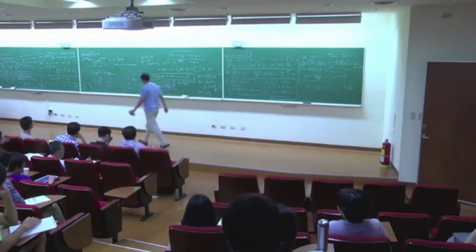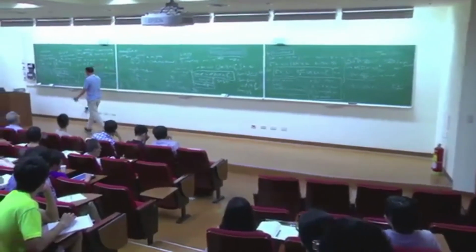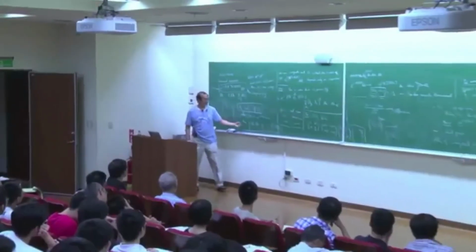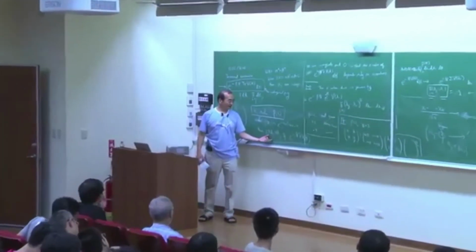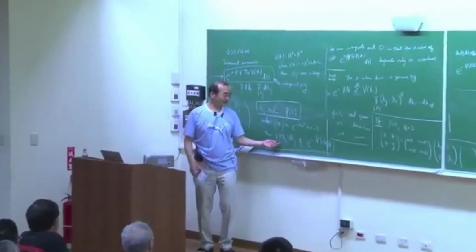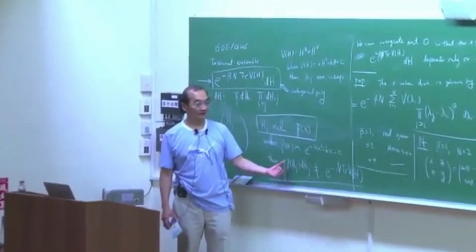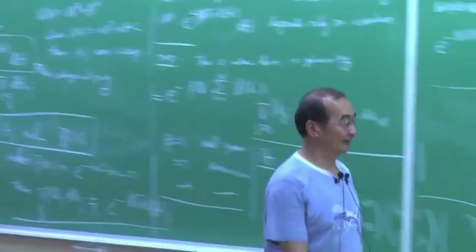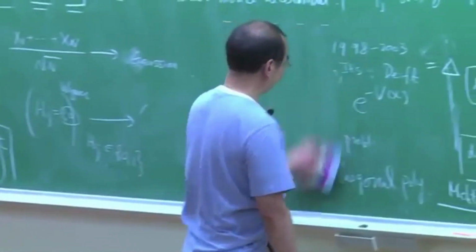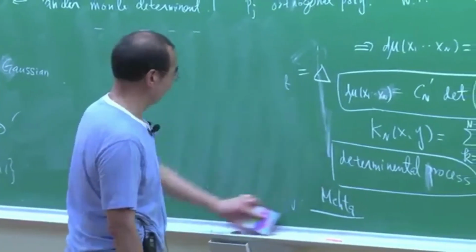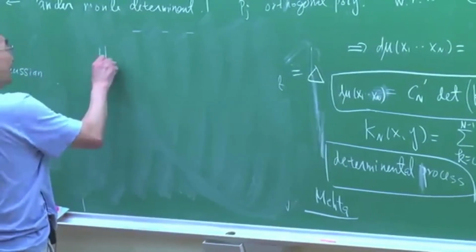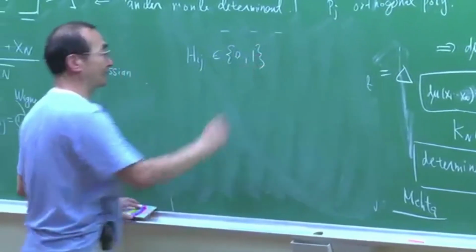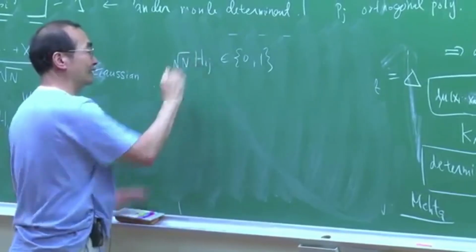The question was, because I take Hij in the IID case, I think your question is that in the IID case this is just a perturbation of a Gaussian, but this is not true. If you think about the Bernoulli case, Hij belongs to 0 or 1, and actually it's up to normalization.